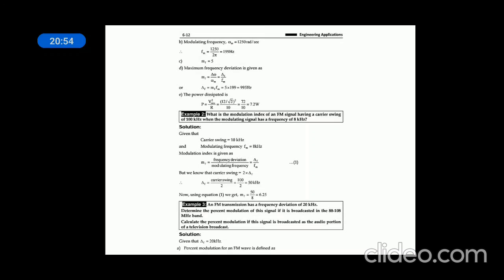Carrier swing is given by 2 times the frequency deviation. As you know, when there is a modulating signal, the frequency of the carrier is varied in such a way that it is increased by an amount of delta f when the message is maximum positive, and it is decreased by an amount of delta f when it is maximum negative, because we discussed in the diagram itself, right?